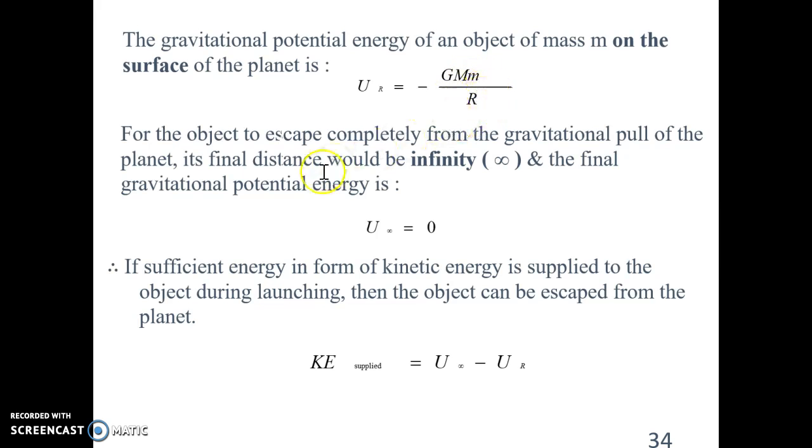For the final position at infinity, anything divided by infinity is equal to 0, so U at infinity is equal to 0.